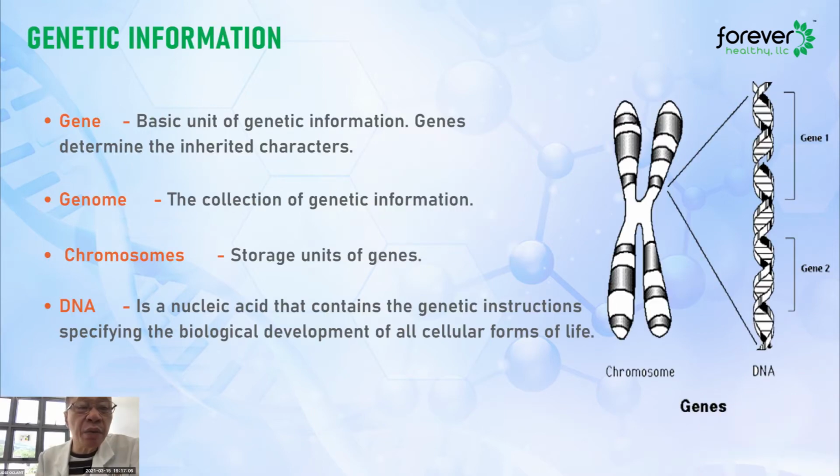Genetic information: a gene is defined as the basic unit of genetic information that determines inherited characteristics. Every characteristic or trait that you display in your body is underlined by a particular unit called a gene.